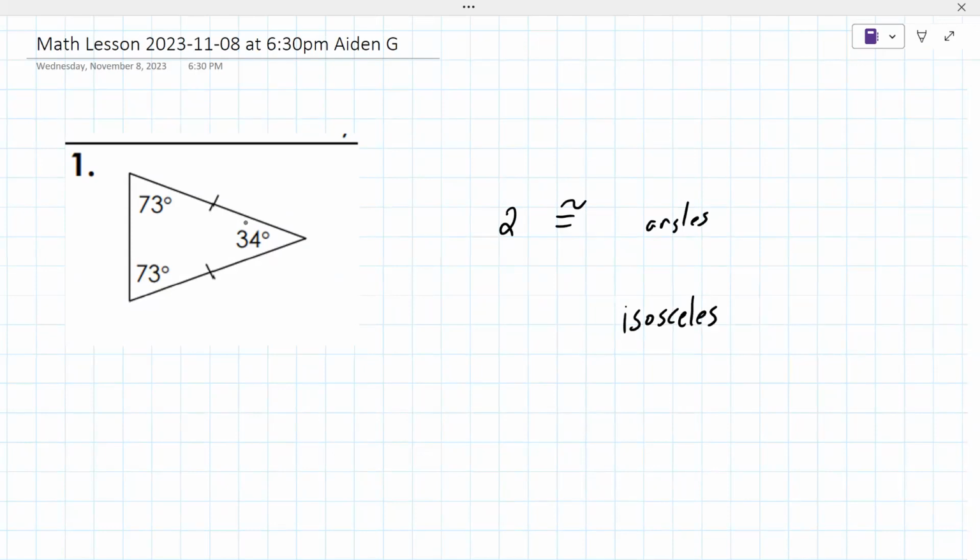No. Okay, so which one is greater than 90 in this picture? Oh wait, no, sorry. None of them are. They're acute. Yeah, so this is an acute isosceles triangle. Now, I don't know if you need that, but that is the complete answer.